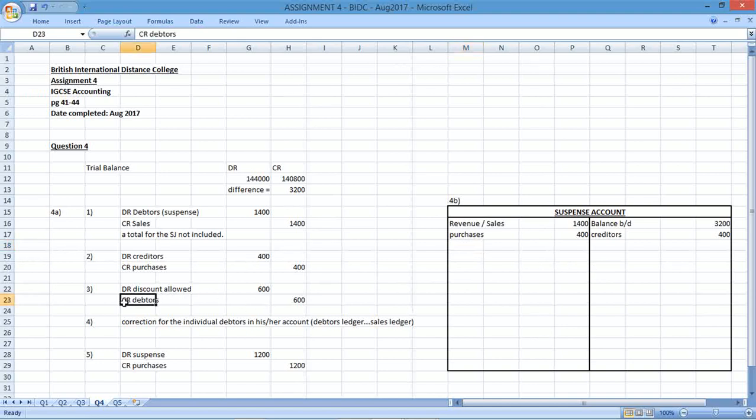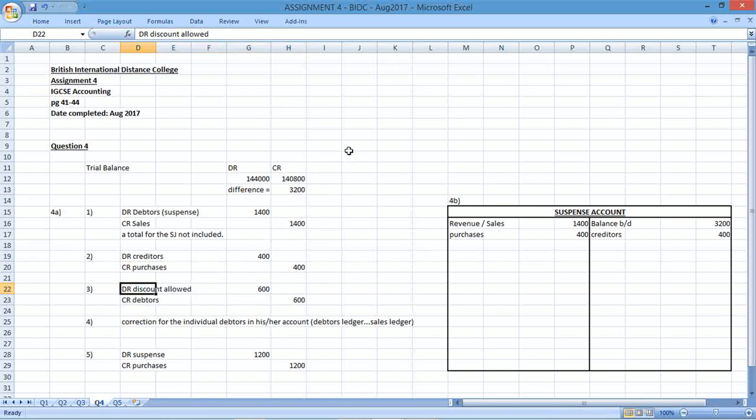Okay, then we've got a note here that said the total of the discounts allowed was 600, and had not been entered in the discounts account. So the discounts were omitted. If the discounts were omitted, the discounts need to be recorded. The discounts would have to then be a debit, which accounts for the missing suspense.